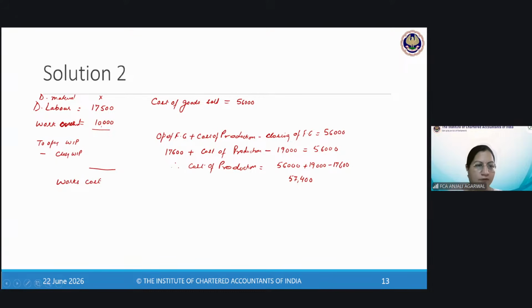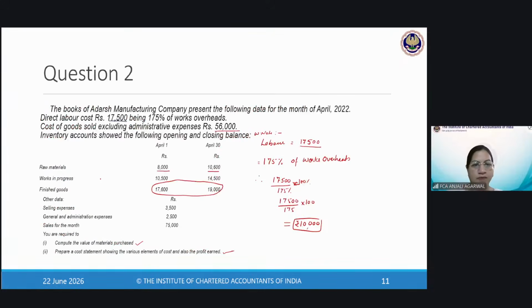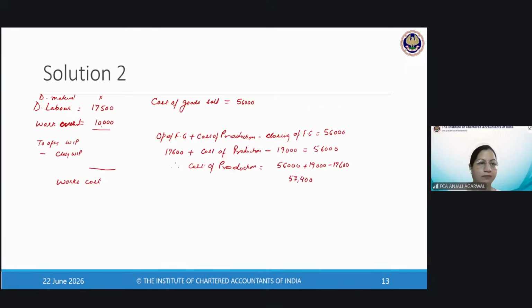Opening stock of WIP and closing stock of WIP are 10,500 and 14,500. And to this you add administration expenses and you get your cost of production.